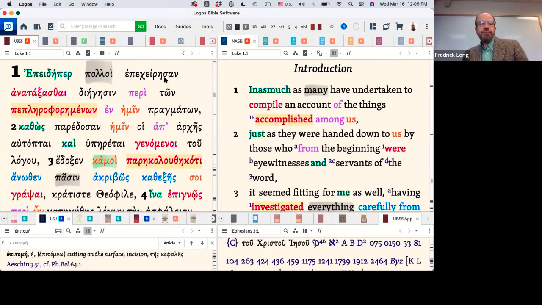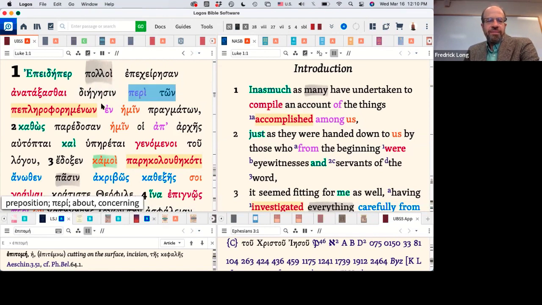attempted to compose, anataxasthai, to orderly arrange, to order. And then the next word is diēgēsin, to orderly arrange a narrative. That's the direct object. It's a third declension noun, diēgēsis, a narrative.